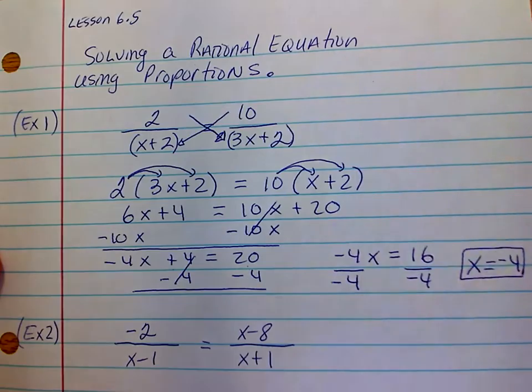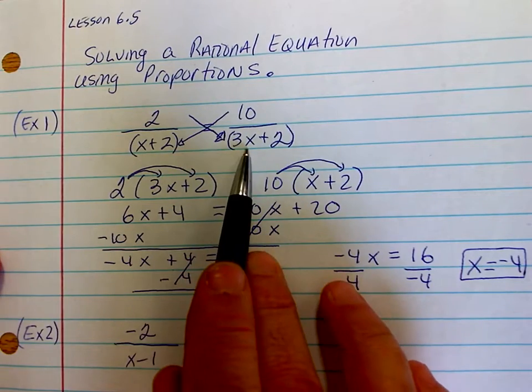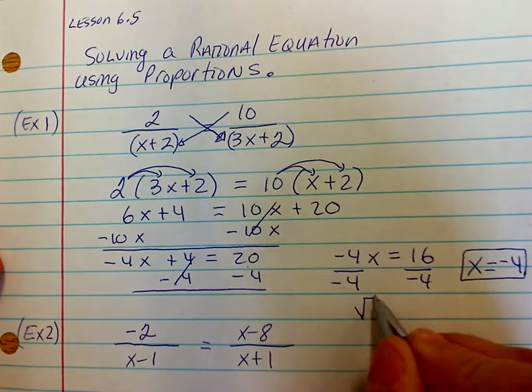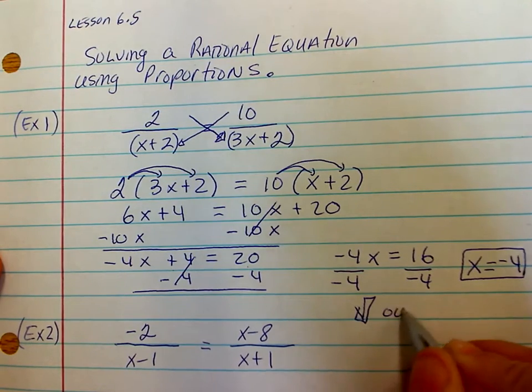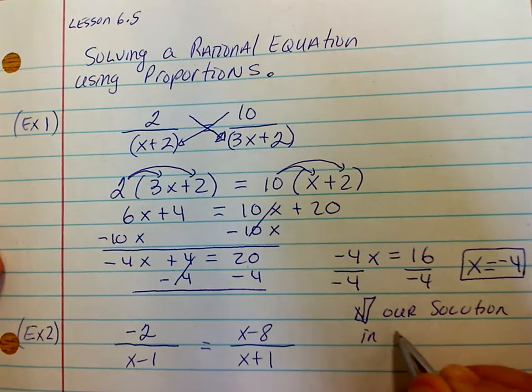At this point, we want to check our answer in each denominator to ensure that we do not get a 0 in our denominator or the proportion will be undefined. So the last thing we want to do is check our solution in the denominator.